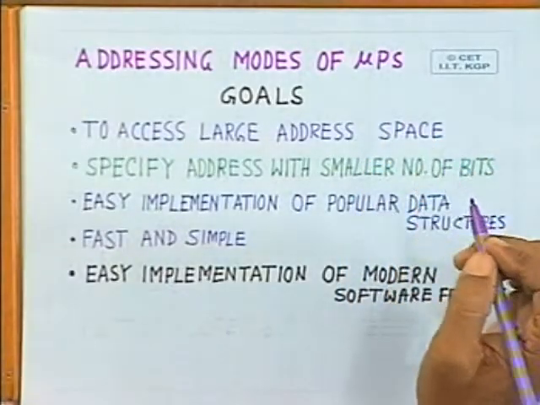The purpose of addressing modes is to provide some mechanism by which instruction, data and addresses can be referred in an instruction inside the memory, inside the register or from I/O. So with the help of addressing modes, you will be able to access instruction, data and operands.